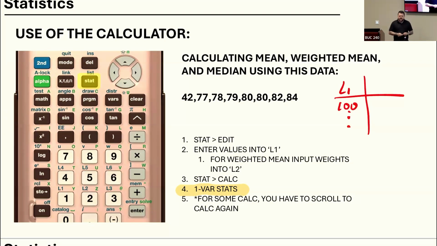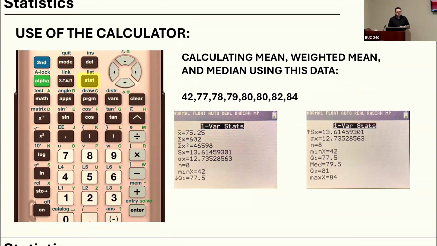I think ChatGPT is up to 16 trillion variables per second that it's using. For some calculators, you have to scroll and hit calculate again. Some you don't, it just depends on your T83, T84, T84 plus, whatever. When you do that, there you go. That's what you should have got.